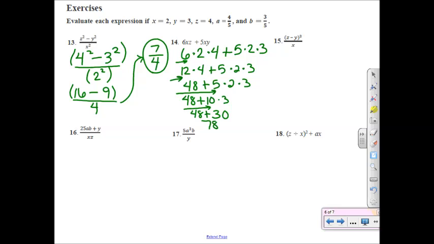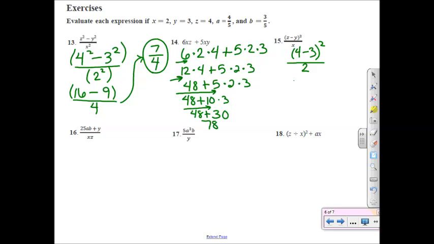Number 15, I have in the parentheses z minus y squared all over x. Z is 4 minus y is 3 squared all over x is 2. So first thing I need to do is the stuff that's inside the parentheses, which is 4 minus 3.